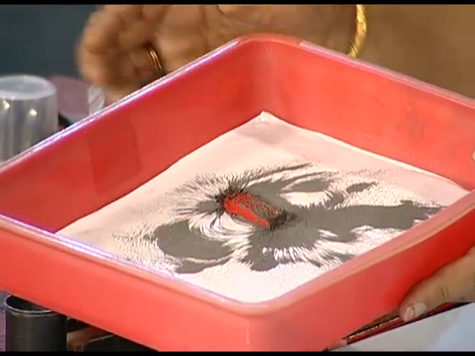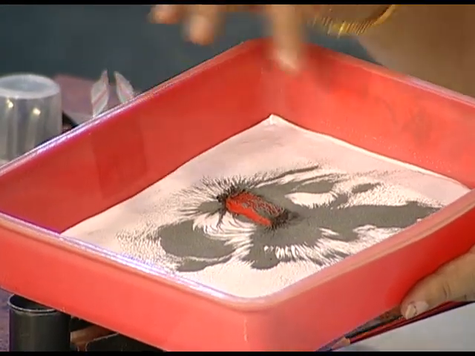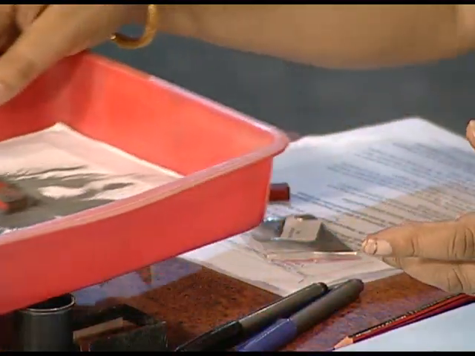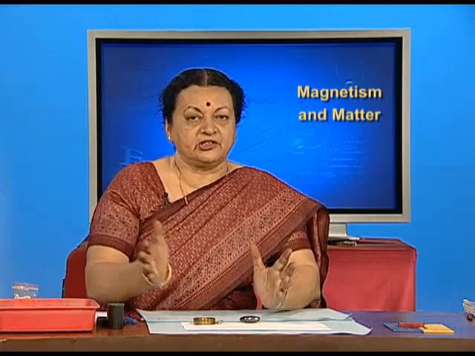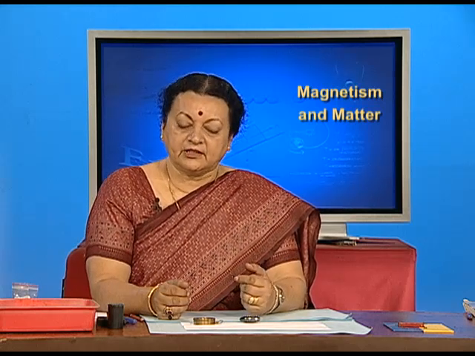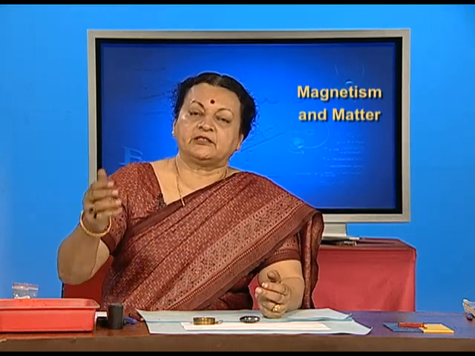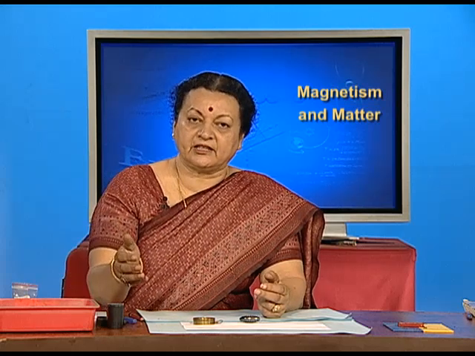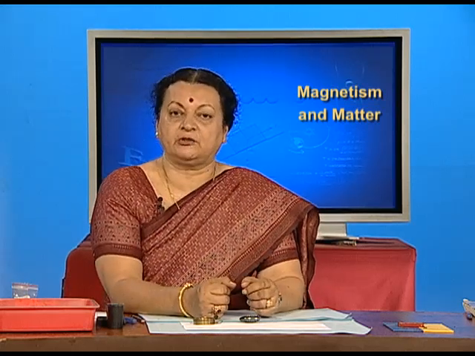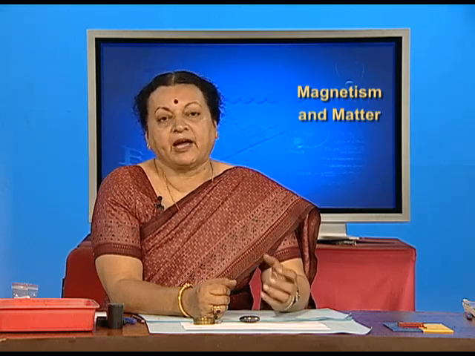It creates a pattern showing that there is a field around it. This field is three-dimensional in nature and therefore, you could talk about the magnetic field at a distance away from the magnet as well, which means that there should be some rules, some laws that will govern the magnitude of this field.